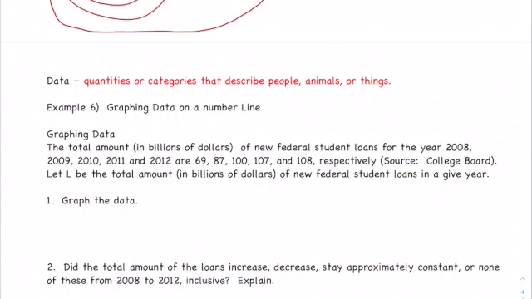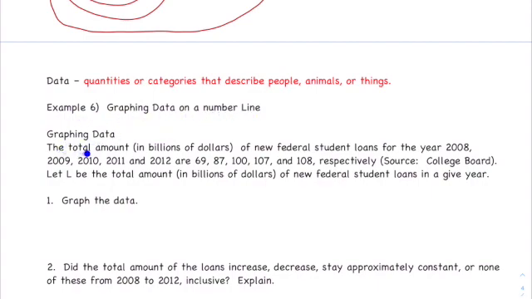Okay, the next thing is the definition called data. Data is quantities or categories that describe people, animals, or things. So what does that mean? Let's look at an example. Example 6 says graphing data on the number line.